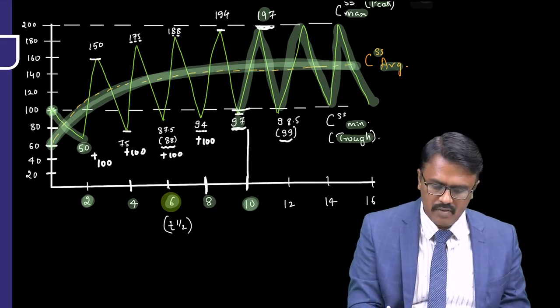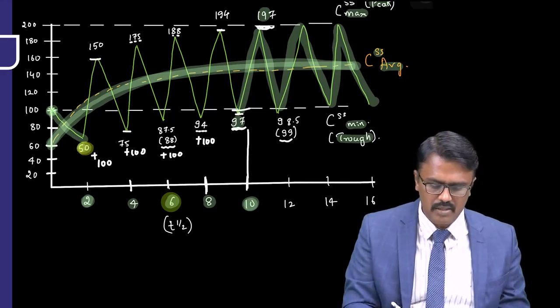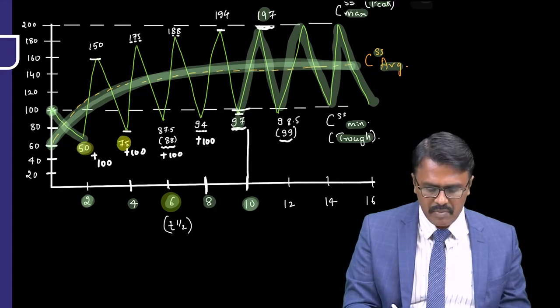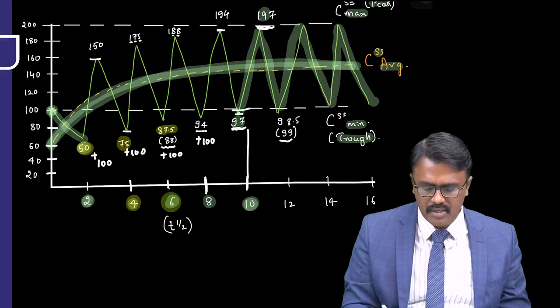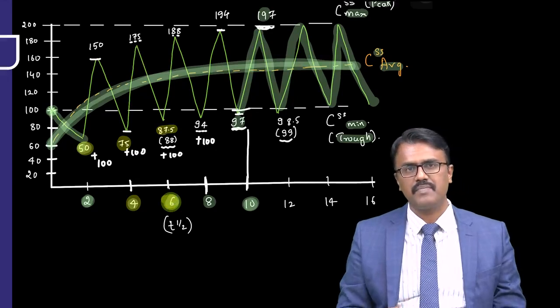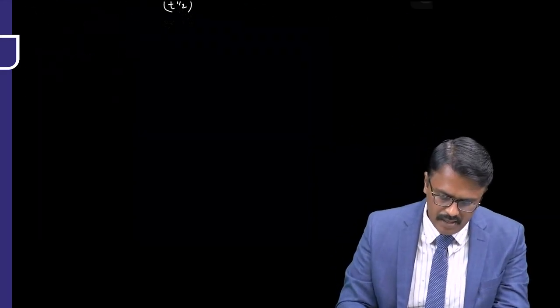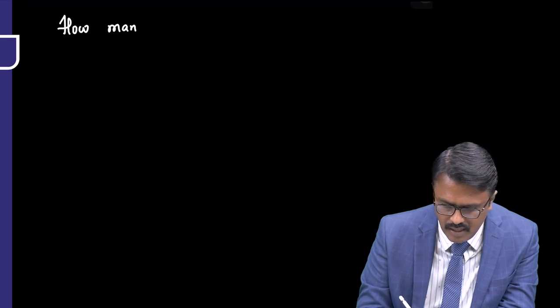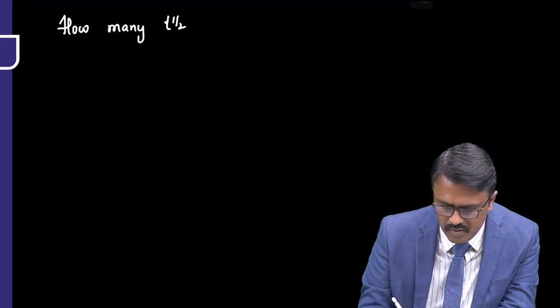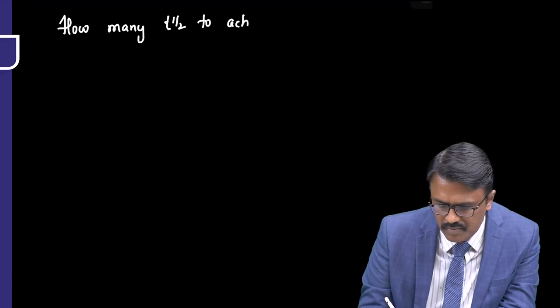How many half-lives are required to achieve 50% steady state? Is 1 half-life, 75% is 2 half-lives, 87.5% is 3 half-lives. So these are the questions they can ask you in the exam. Okay. So let me write that. How many half-lives to achieve steady state?